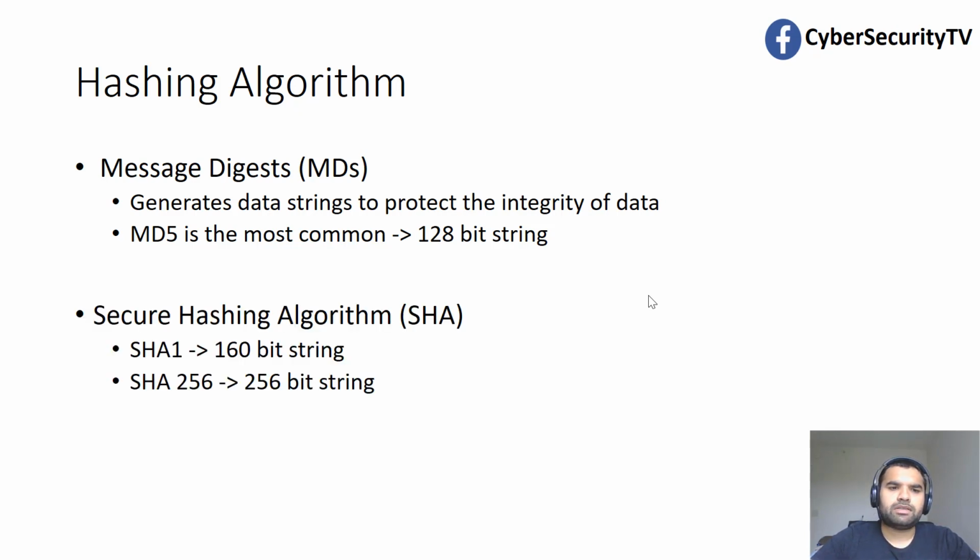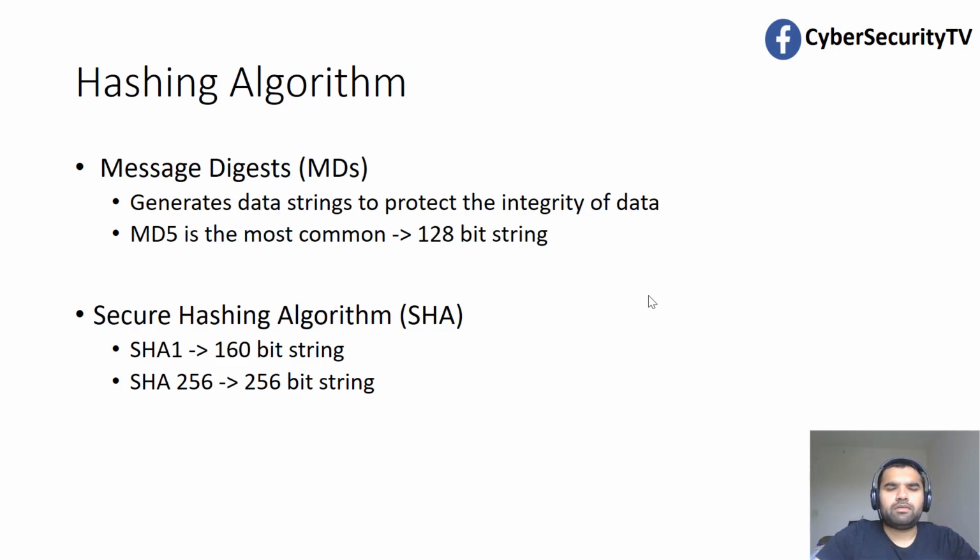The second example is the secure hashing algorithm, also known as SHA. There are two variations of it, SHA-1 and SHA-256. One produces a 160-bit string, and SHA-256, as it sounds, produces a 256-bit string.